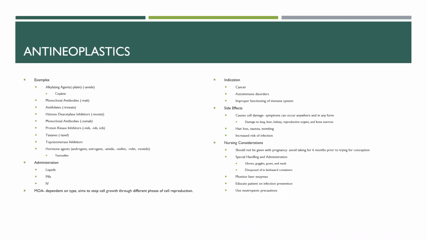So nursing considerations is it should not be given with pregnancy, and if someone is trying to conceive, they should avoid taking these medications for at least 6 months prior. It does require special handling and administration, so the nurse would have to wear gloves, goggles, gown, and a mask, and it needs to be disposed of in biohazard containers. We would need to monitor the patient's liver enzymes and educate them on infection prevention because they'll often be on neutropenic precautions.